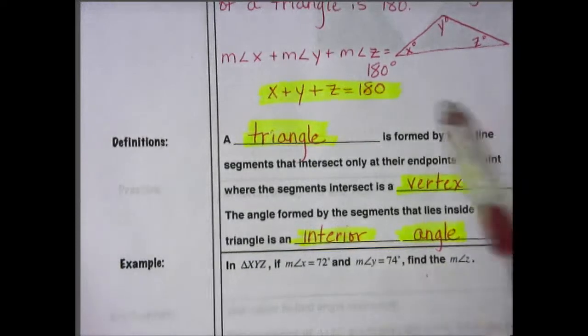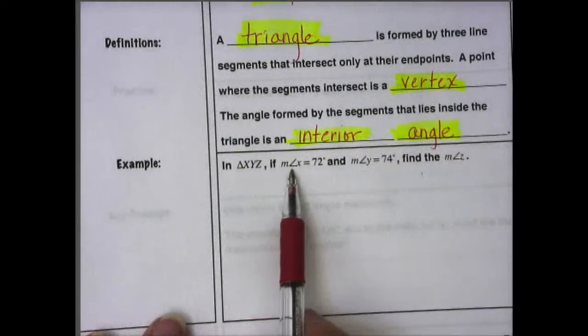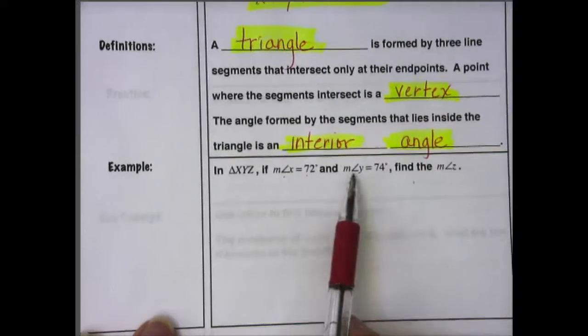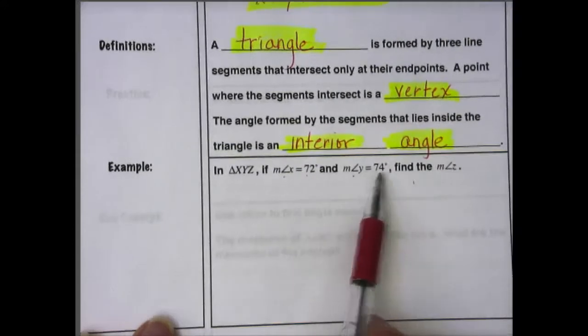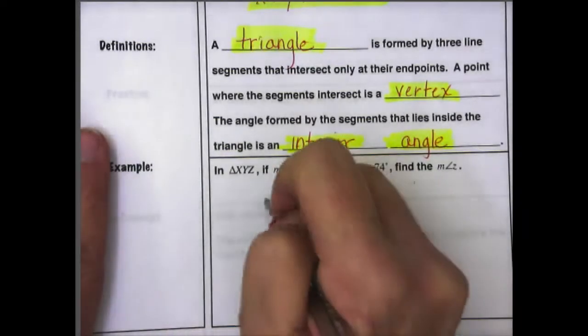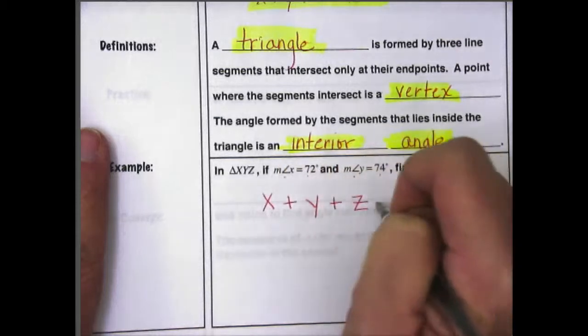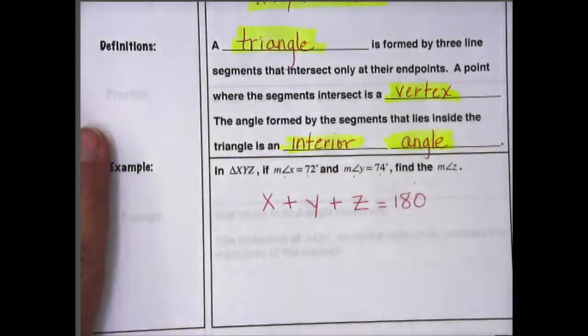Let's take a look at the example. It says in triangle XYZ, if the measure of angle X is 72 degrees and the measure of angle Y is 74 degrees, find the measure of angle Z. Well, let's go back up. We know that our formula for this is X plus Y plus Z equals 180.